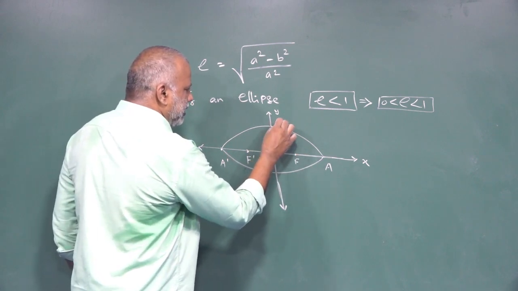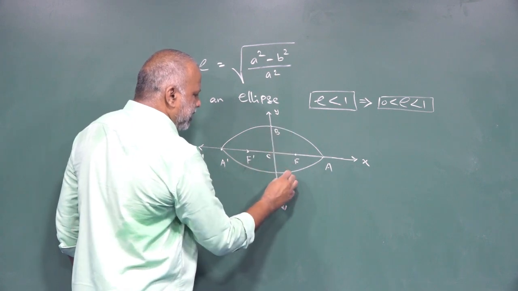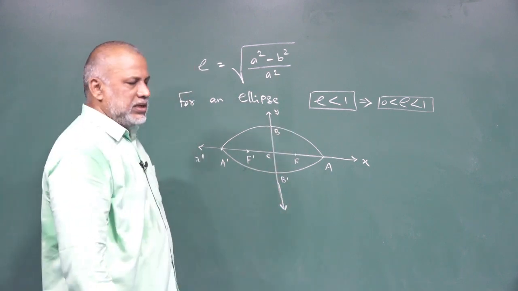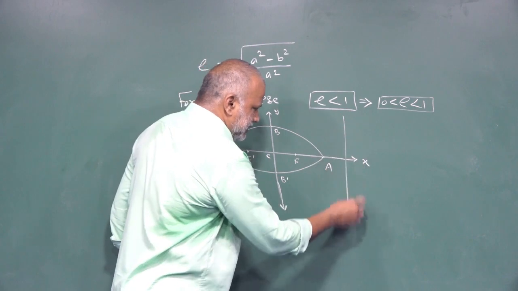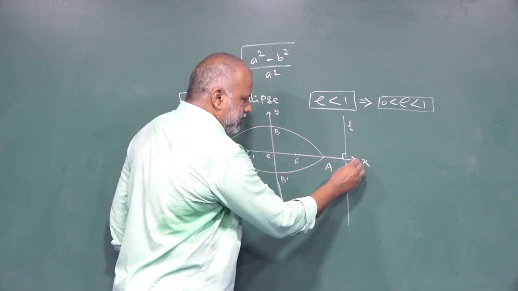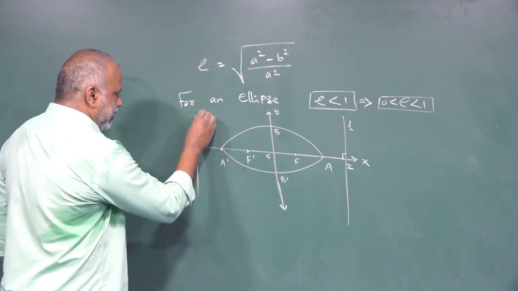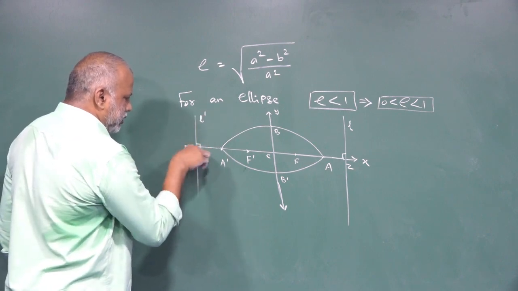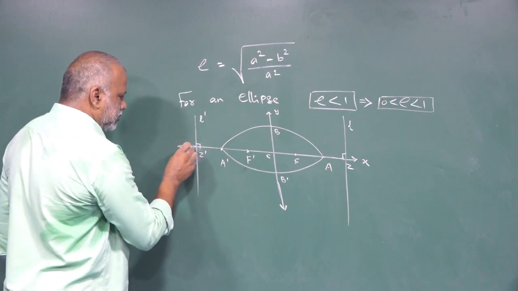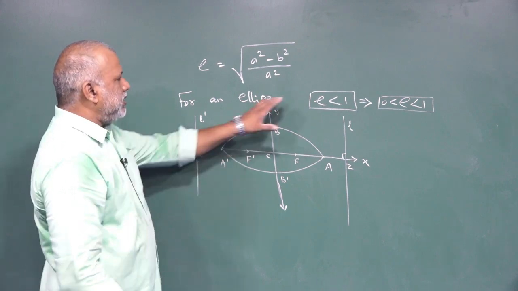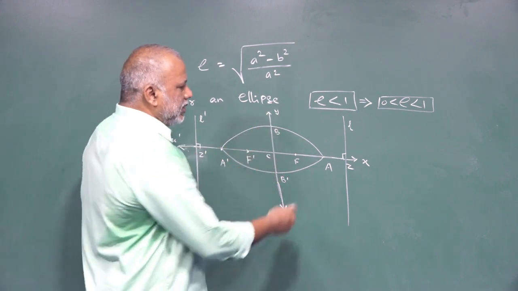This is B, this is B dash. This is the directrix L, passing through the point Z. Then take the other one, L dash, passing through Z dash.